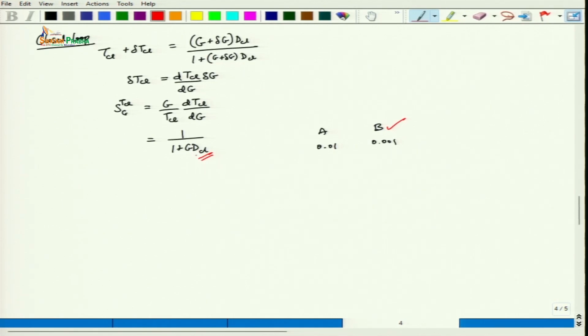And that is possible because this expression of the sensitivity depends on the closed loop controller DCL, and this is a closed loop system.